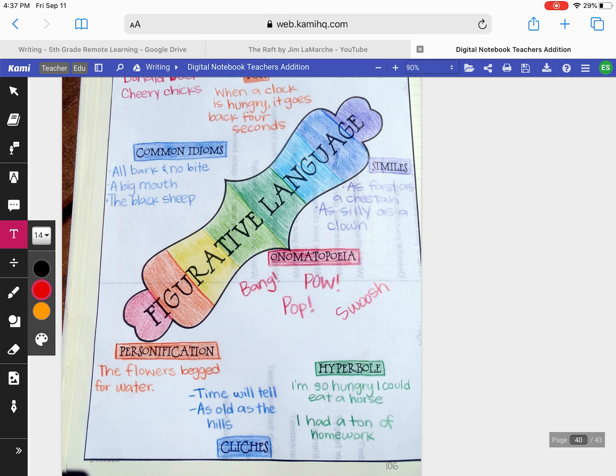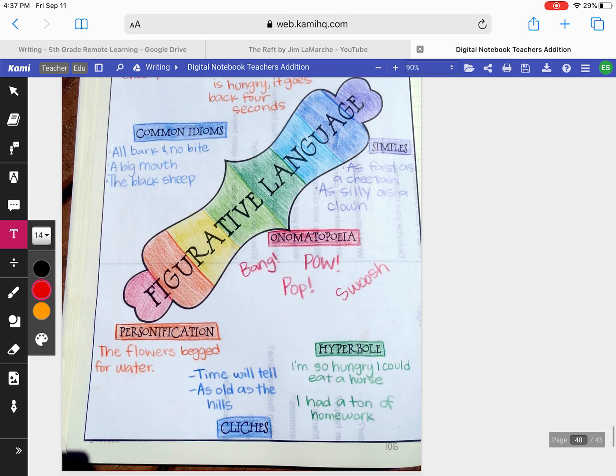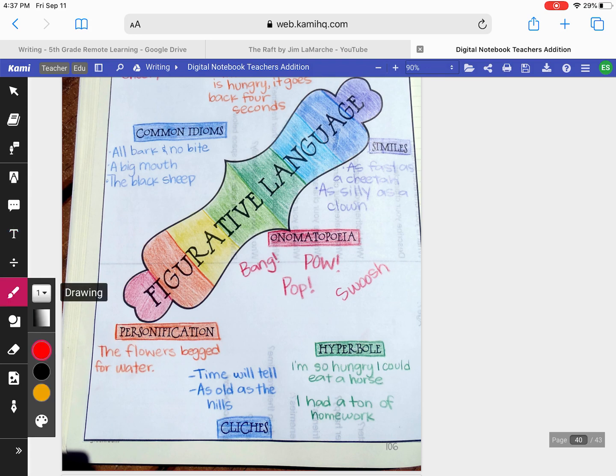That's onomatopoeia. Hyperbole is exaggerating. You guys are really good exaggerators. For example, I'm so hungry I could eat a horse. You're not actually going to eat a horse, but your reader knows just how hungry you are. We've got personification, which is giving non-human things human qualities.